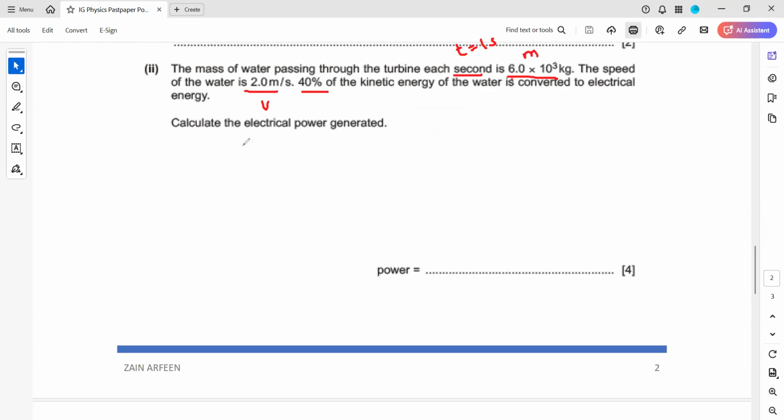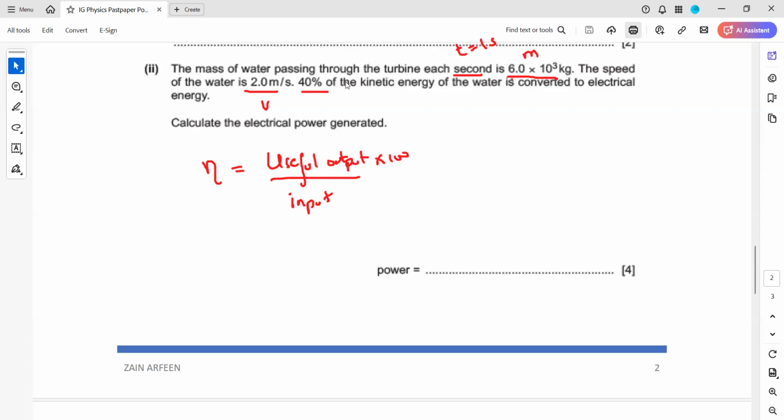So first we write the formula for efficiency. The SI unit of mass is kg. The formula of efficiency can be in terms of power or in terms of energy. We can say efficiency is equal to useful output divided by total input times 100.